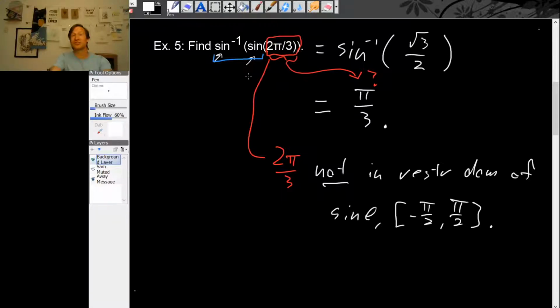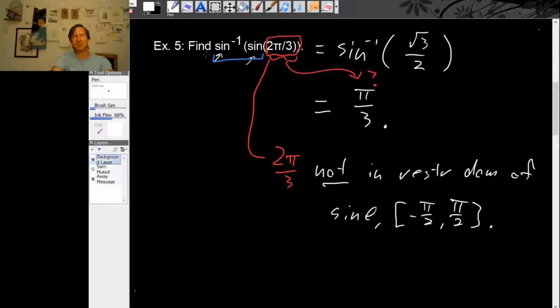So sine and inverse sine are not guaranteed to be inverses if you are not between minus pi over 2 and plus pi over 2. Since 2 pi over 3 is not between minus pi over 2 and plus pi over 2, sine and inverse sine don't just undo each other. You have to be a little more careful and evaluate this step by step.